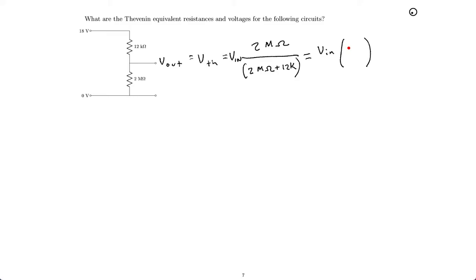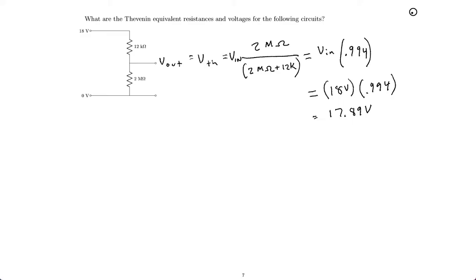And that number is 0.994, or 18 volts times 0.994, or 17.89 volts. It's a very small change in voltage because the lower resistor is so much larger than the upper one.